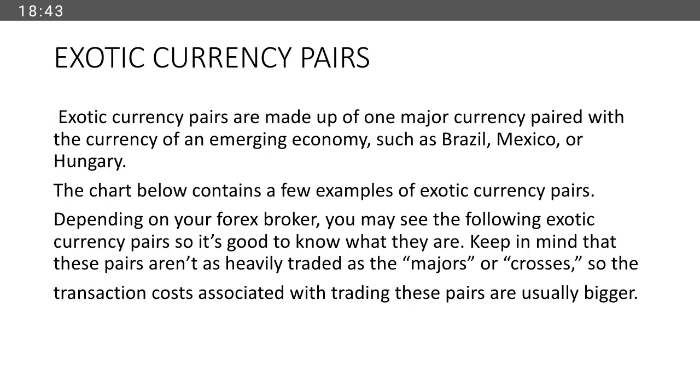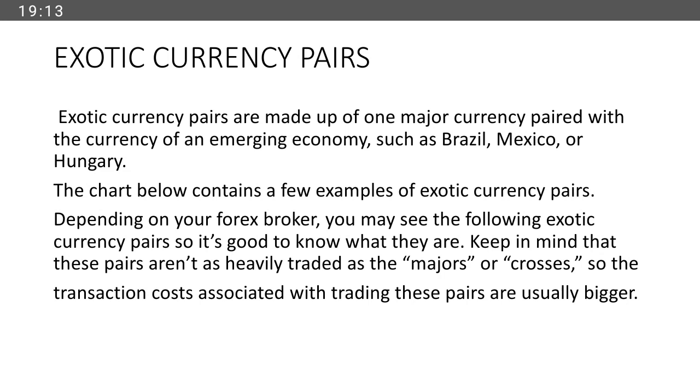Now, we also have some currencies that we call the exotic currency pairs. Exotic currency pairs are made up of one major currency with the currency of an emerging economy such as Brazil, Mexico, or Hungary, and so on.